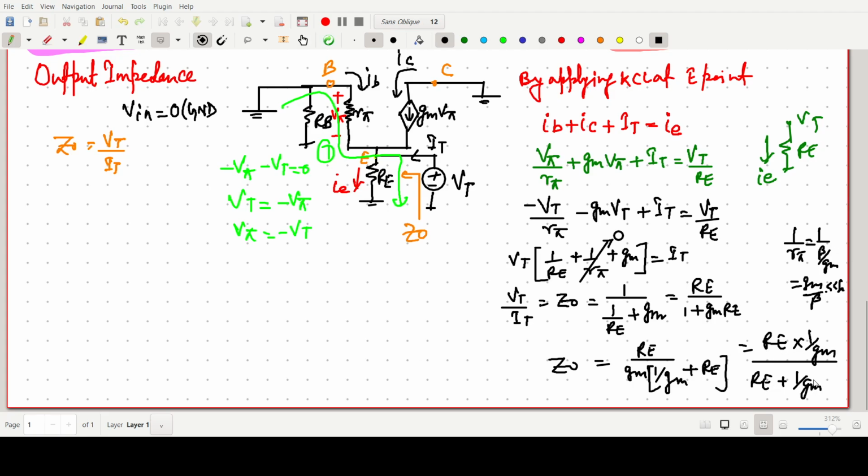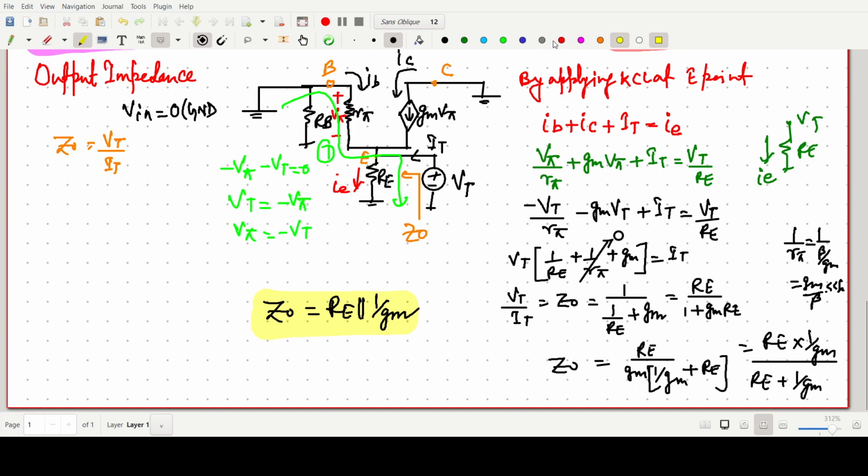Like R1 R2 by R1 plus R2. So our Z naught is simply Re parallel with 1 by gm, that we have already derived. So this one is the Z naught.